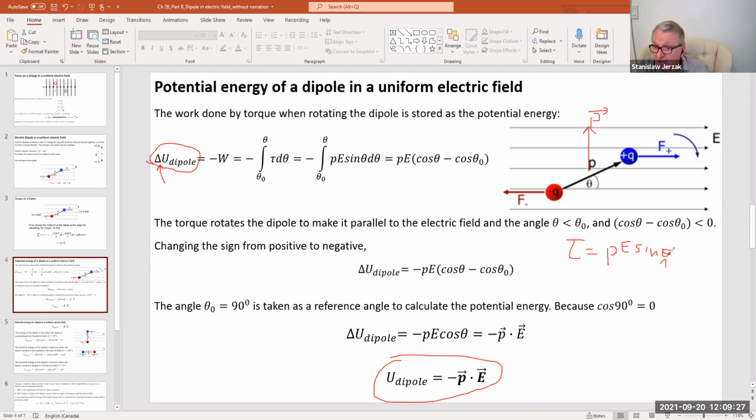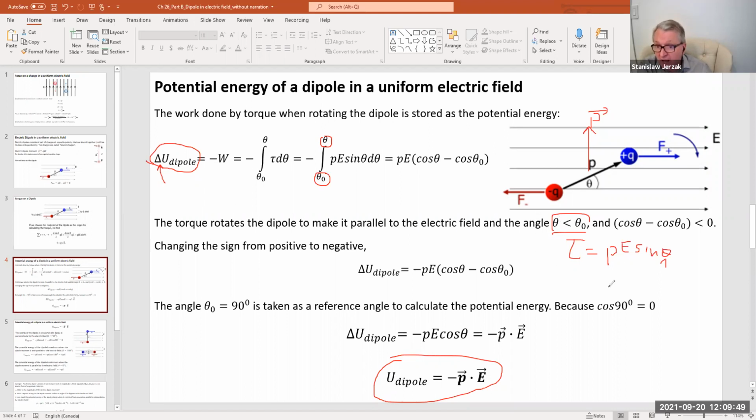So this angle theta decreases. When you look here, I integrated from the initial angle theta naught to the final angle theta. So theta 0 is larger than the final orientation theta.